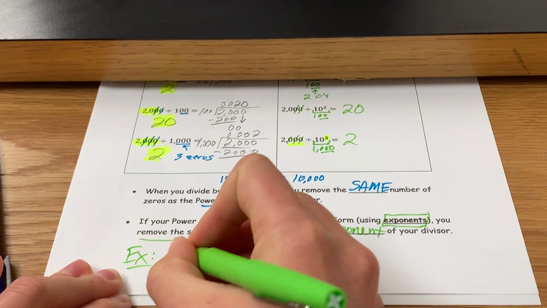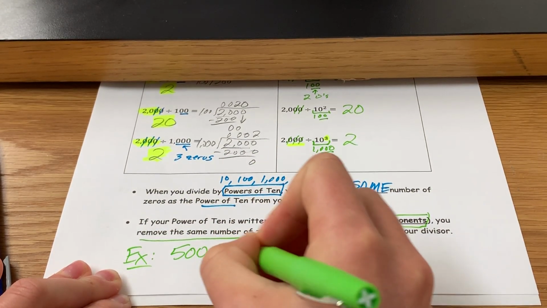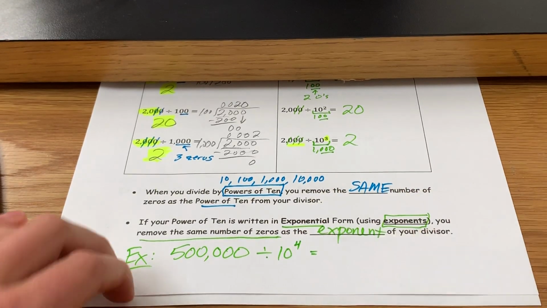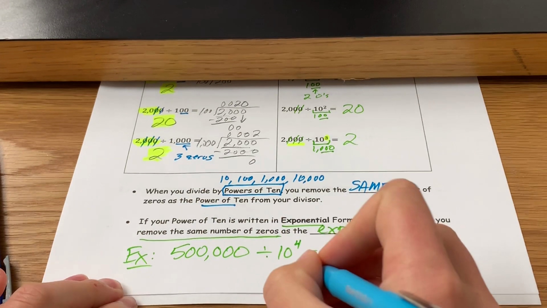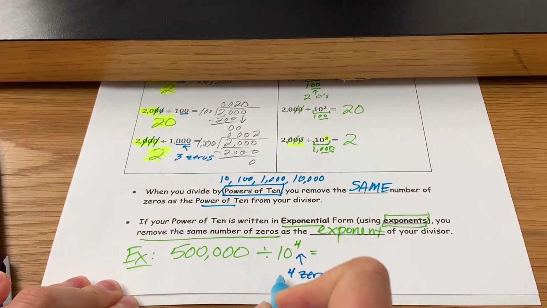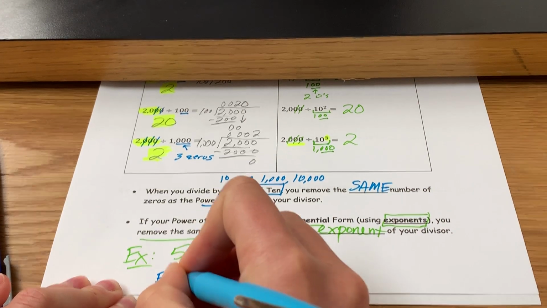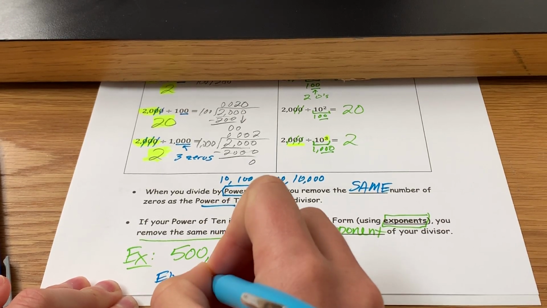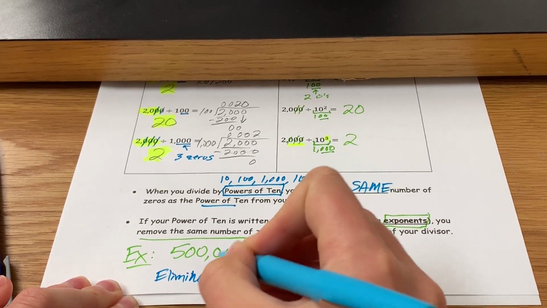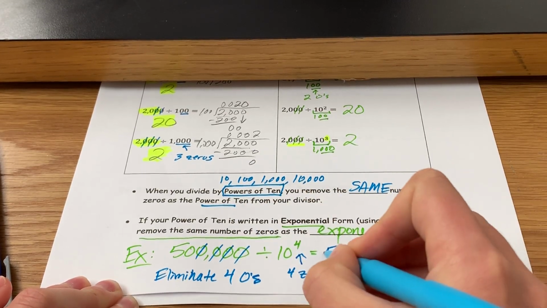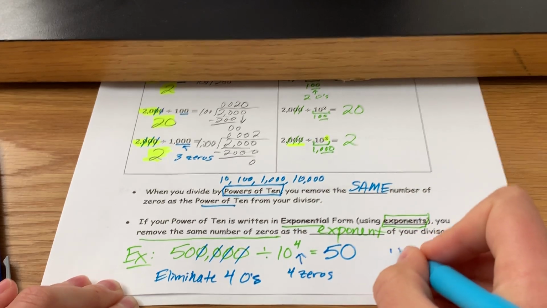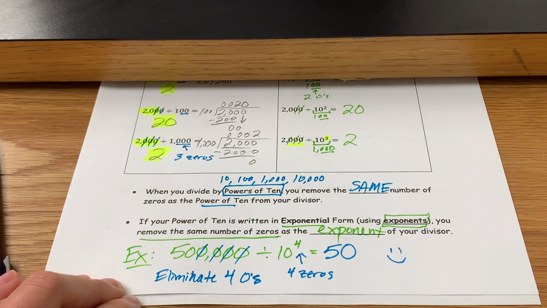So if I have, let's say, 500,000 divided by 10 to the fourth power, I know that 10 to the fourth power is going to have 4 zeros in it. So I will eliminate 4 zeros. 1, 2, 3, 4, and my quotient is 50. It makes the problem much quicker and much easier to solve.